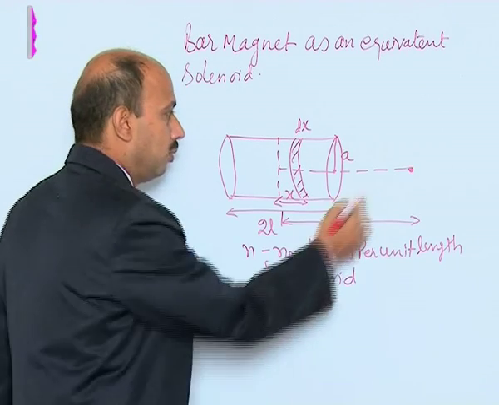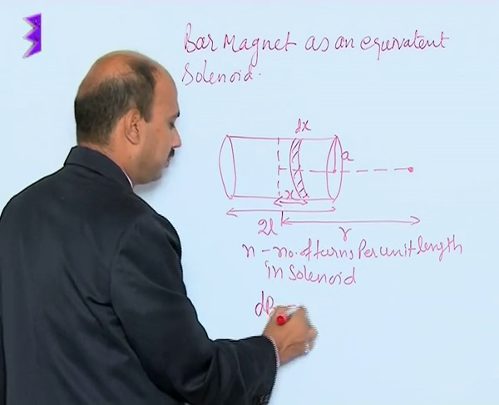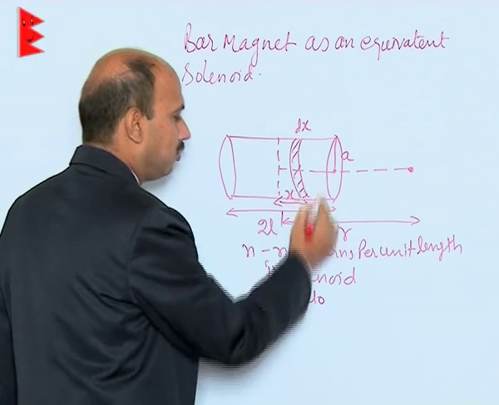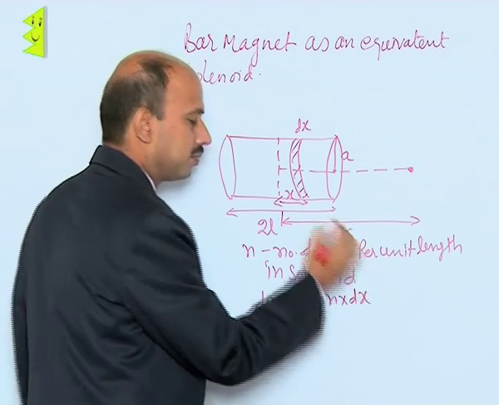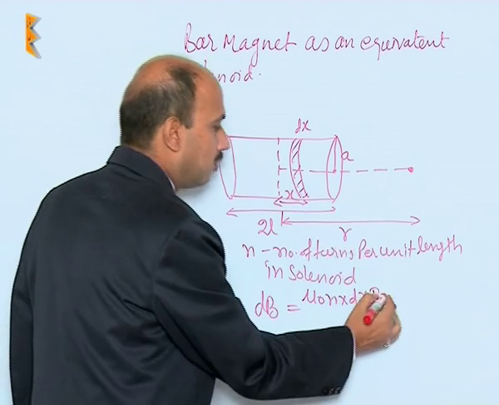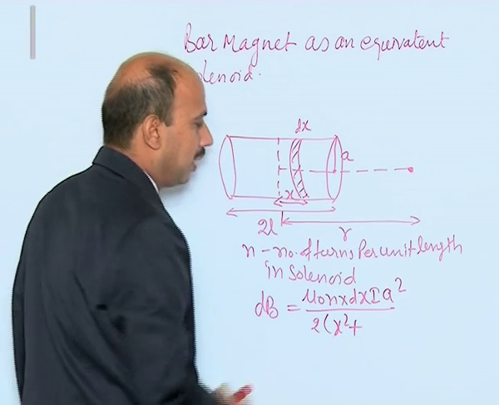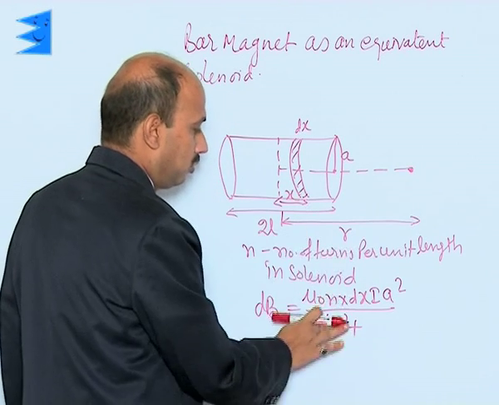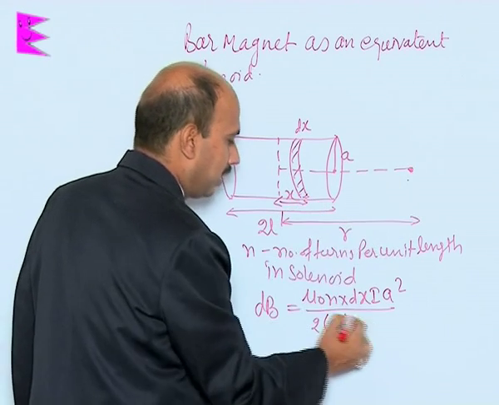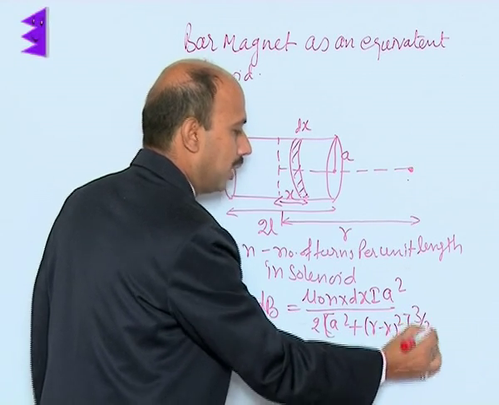So, see here, we can write the magnetic field at this point as dB, which is equal to mu naught, the total number of turns in this small element is n into dx, I is the current flowing through it, and A square, that is the radius, upon twice of A square plus the distance from here to here, that is r minus x, whole square raised to power 3 by 2.